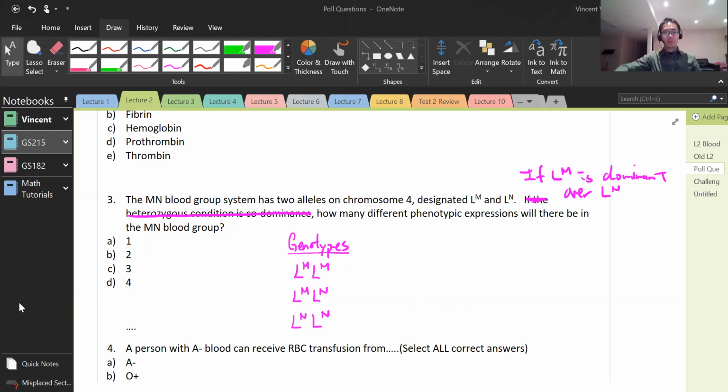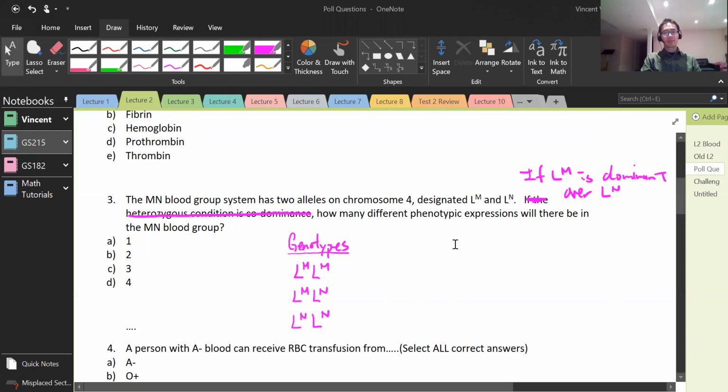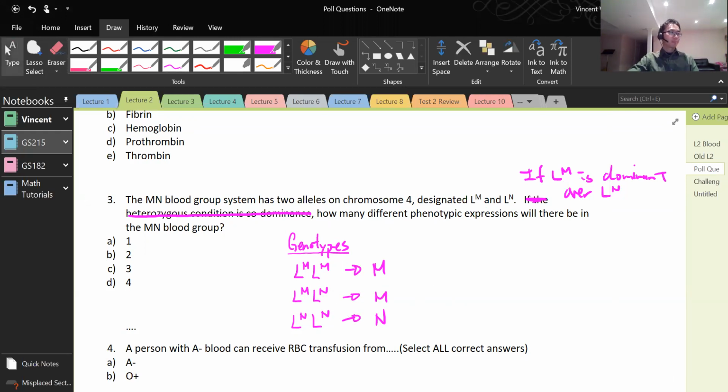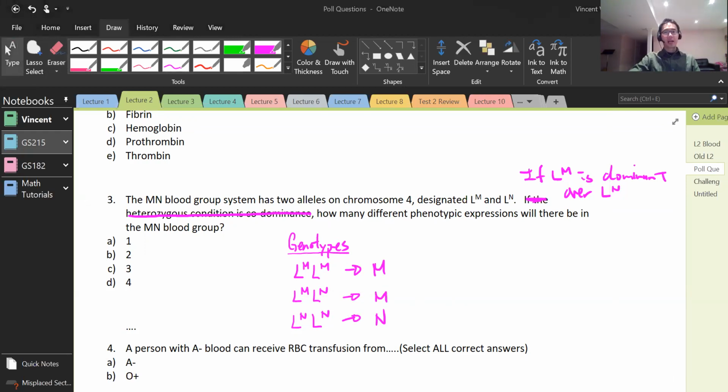Of the 5 people who participated, you all got it right. So this would be type M. This would be type N. And because M is dominant over N, when you have them together, it is still going to be M. All right, so there you have it. A harder question that's worth thinking about.